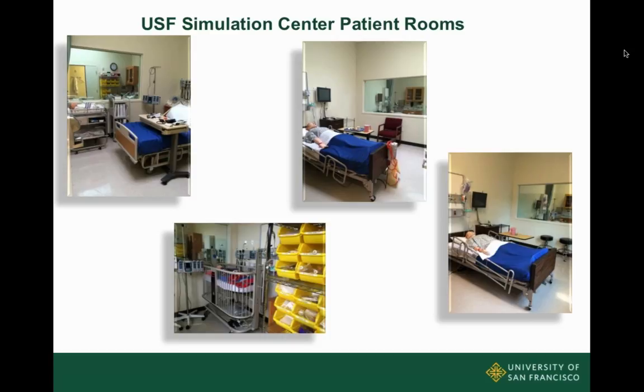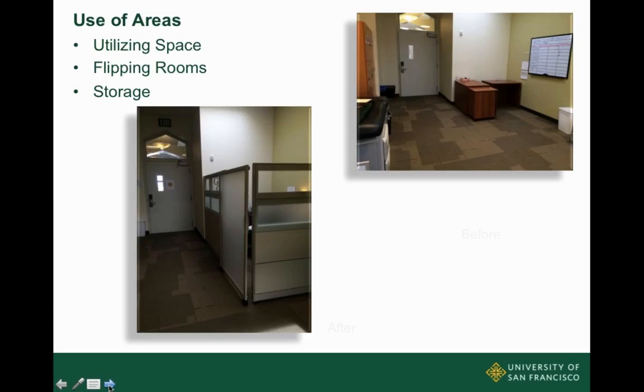This presents an exciting challenge for the University of San Francisco School of Nursing and Health Simulation Center faculty and staff. Every semester, about 75% of the nursing students use the lab in various capacities. Next. So let's talk about the use of areas.